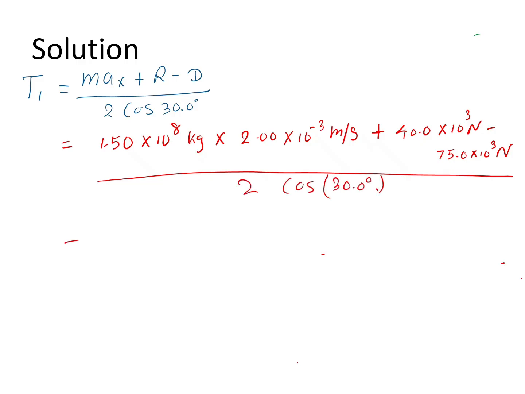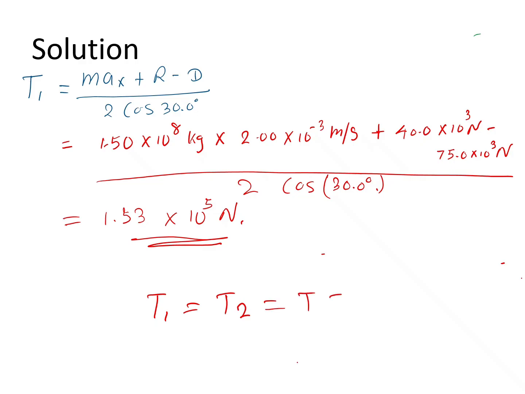So this equals 1.53 times 10 to the power 5 newtons. So we can write T1 equals T2 equals the tension, which is 1.53 times 10 to the power 5 newtons.